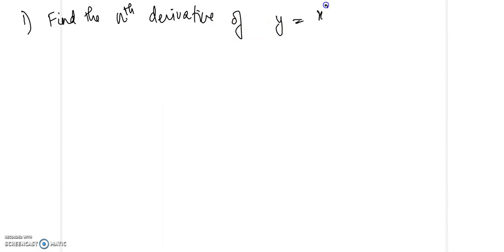Let us look at an example of finding the nth derivative of a rational function. So find the nth derivative of y equal to x square by (x plus 2) into (2x plus 3). The first thing we need to do is reduce this into partial fractions.